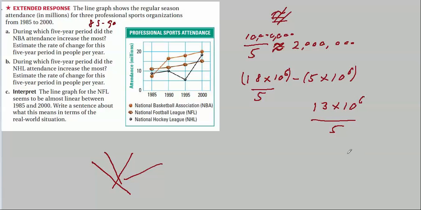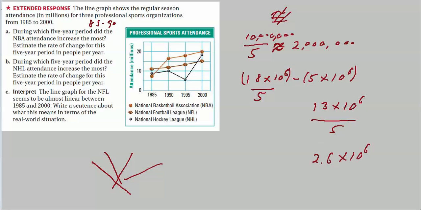And I can just write that as 13 million divided by 5 is 2.6 million. You can just read times 10 to the 6 as million. The attendance went up 2.6 million per year. Wow. They must have been giving away free cars with every ticket.